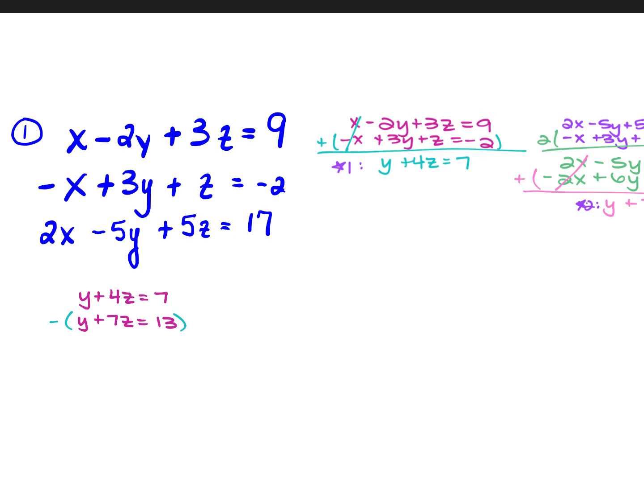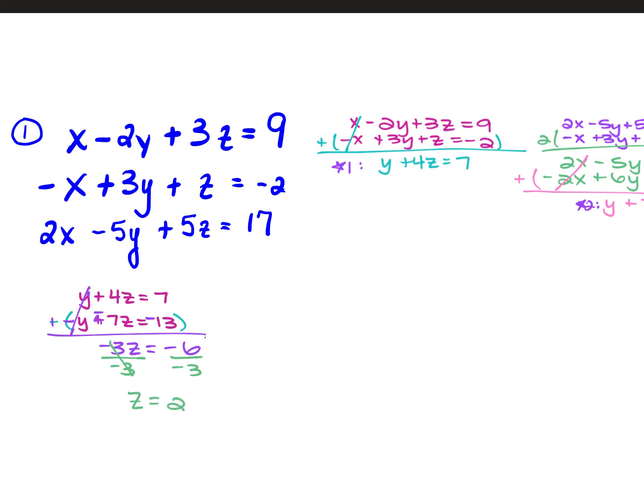So this is going to turn into addition with a negative y, a negative 7z, and a negative 13. We combine our like terms. Our y's cancel. We're left with negative 3z is equal to negative 6. Divide each side by the negative 3, and you get that z is positive 2.